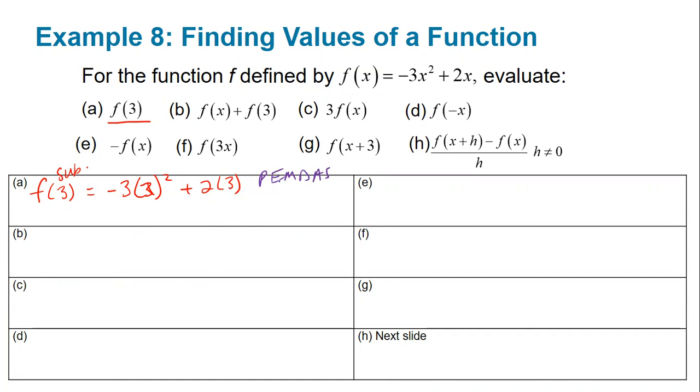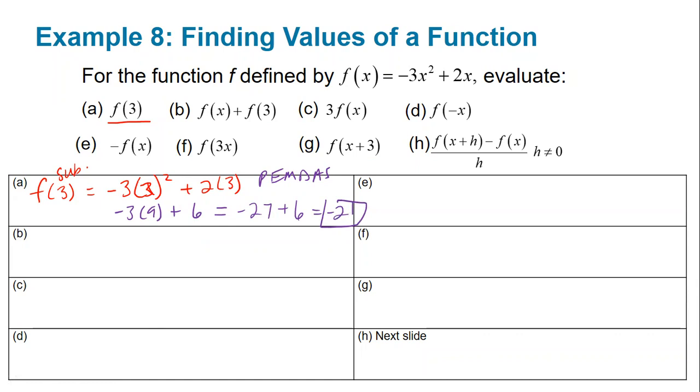So I deal with my exponent, then I multiply, then I add or subtract, correct? So here we have 3 squared. So that gives us negative 3 times 9 plus 6. What is negative 3 times 9? What is negative 27 plus 6? Negative 21. So our output for f of 3 is negative 21.